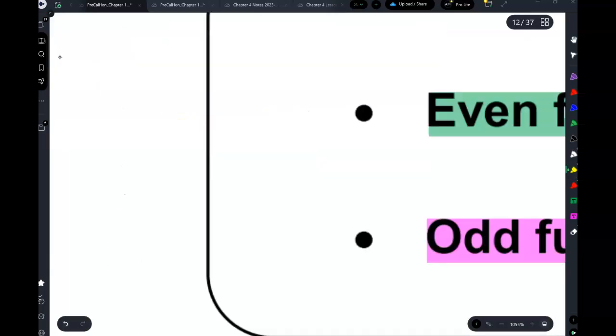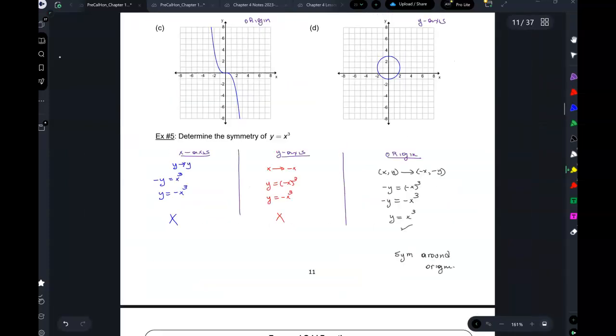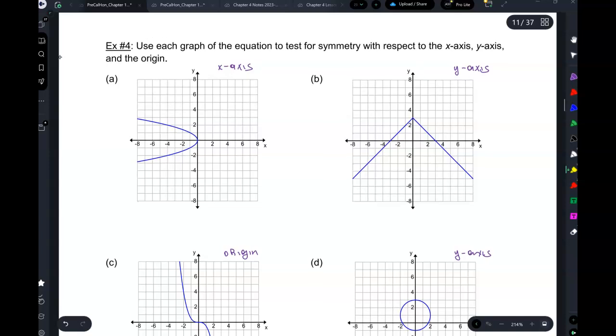Before we do this, let's go up here. Remember how we said even functions are symmetrical on the y-axis? Look at this one. B is symmetrical on the y-axis. So let's take a look at this. What's f of 2? 1.